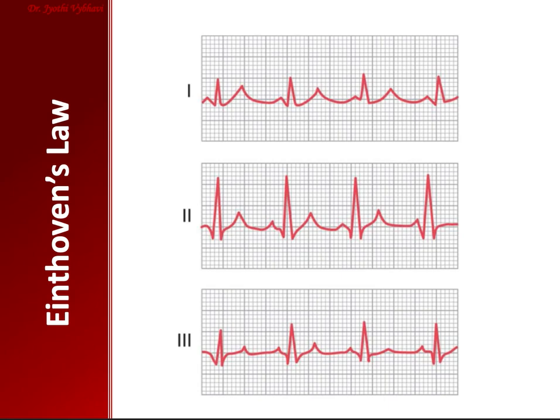And when you connect all these leads to the ECG machine, you get the readings like this. Lead 1 looks like this, lead 2 and lead 3 look like this. So normal ECG recorded from the three standard bipolar limb leads looks like this, because the recordings from all the bipolar limb leads are similar to one another.